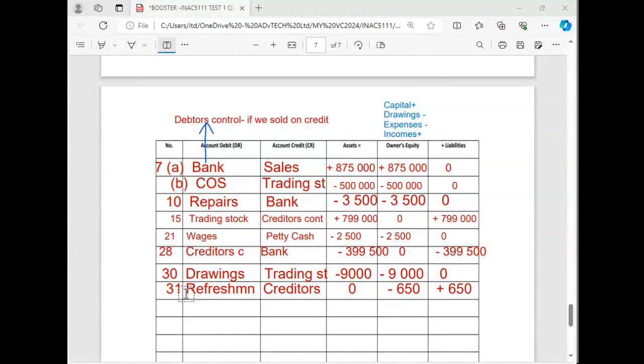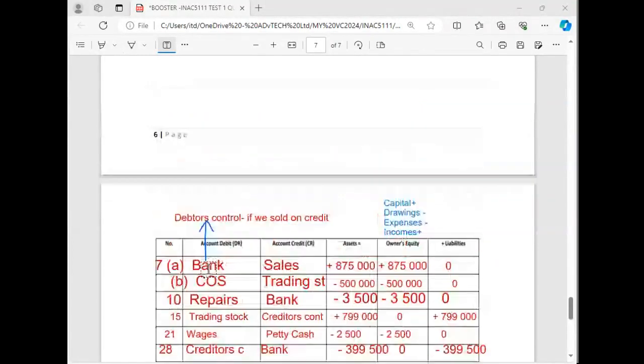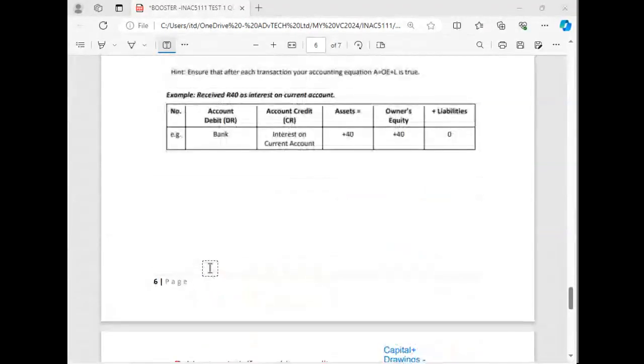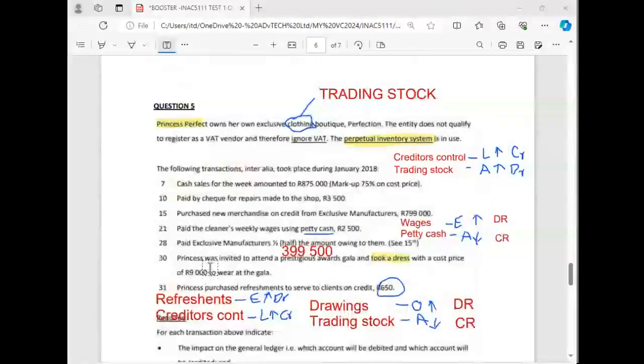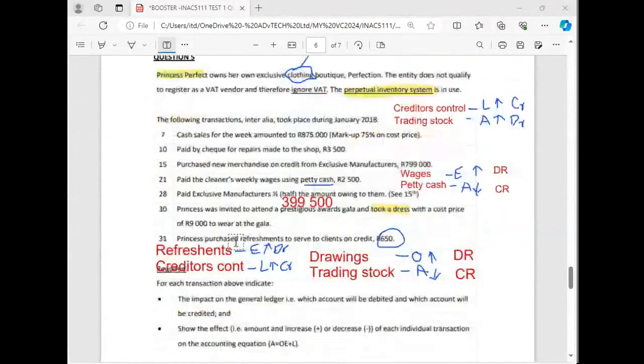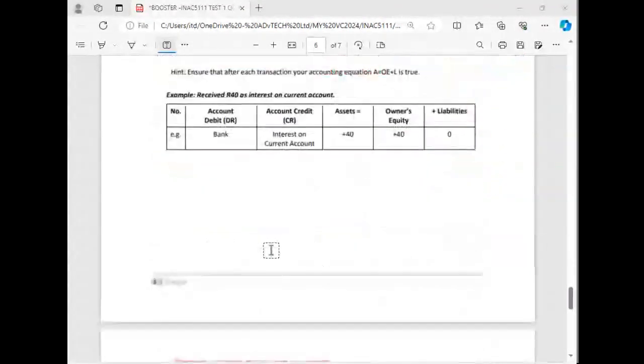But let's talk about this one on the 31st. If I check up there where I analyzed, can you see we said refreshment is what? An expense. Are you with me? And then we said expenses are increasing.